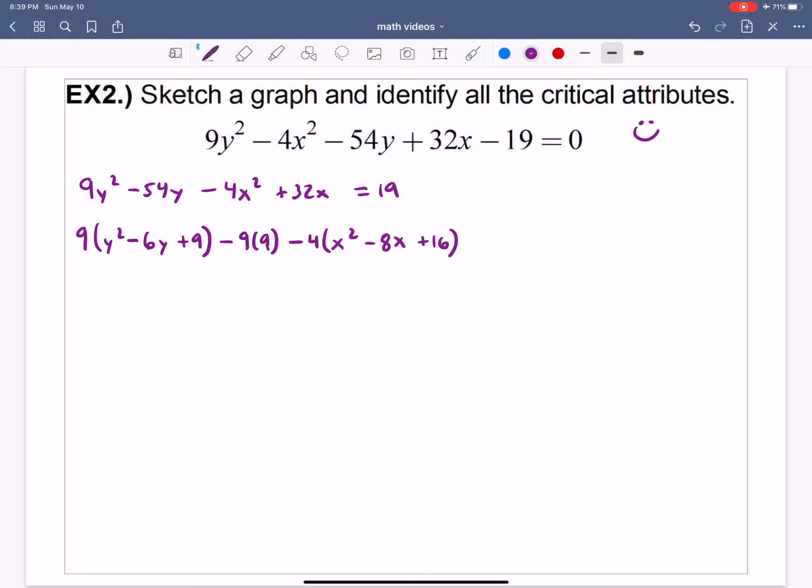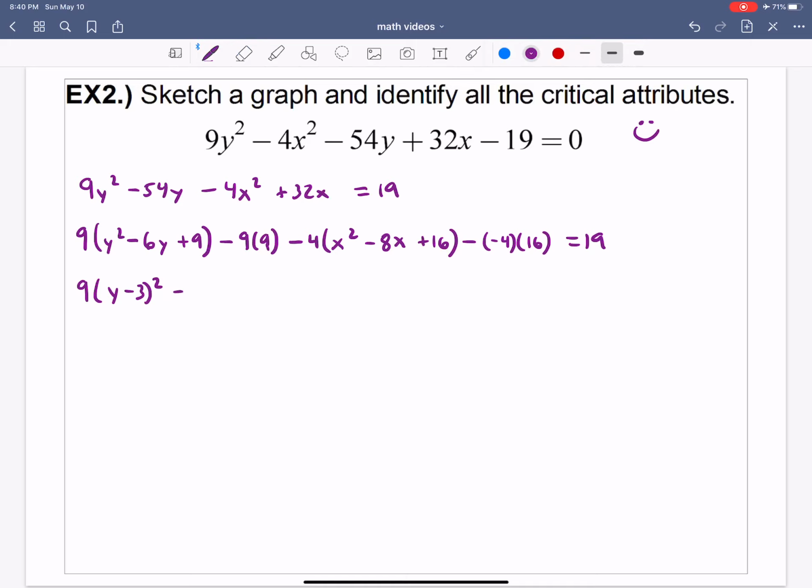So we add that, and then to balance this out, we're going to subtract negative 4 times 16. And again, that still equals 19. So we've created some perfect square trinomials. Let's do some factoring. So we have 9 times y minus 3, the quantity squared.